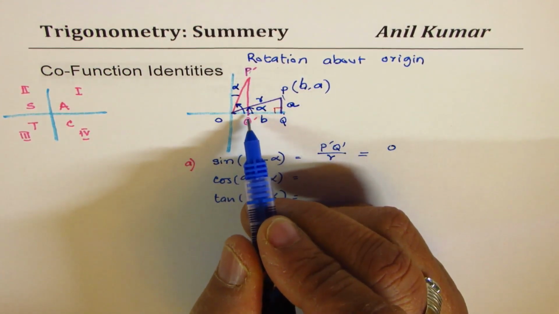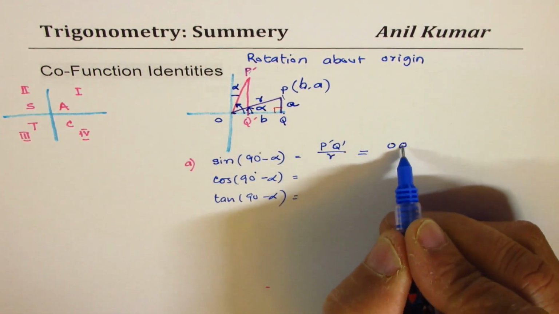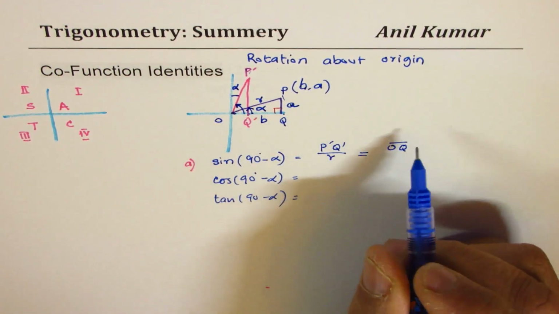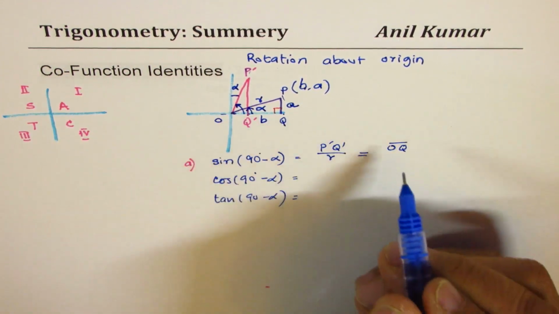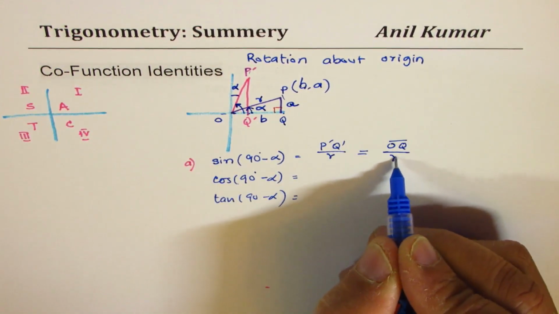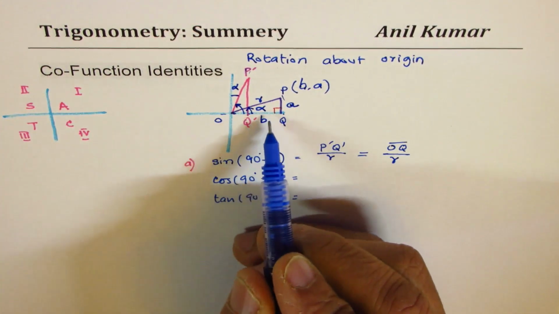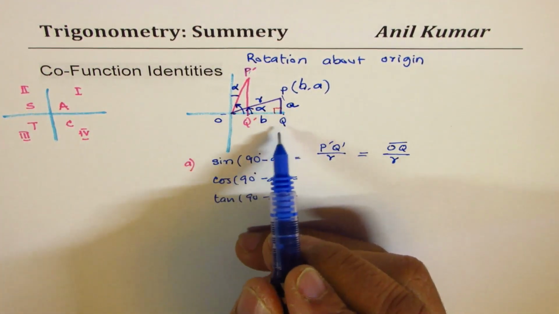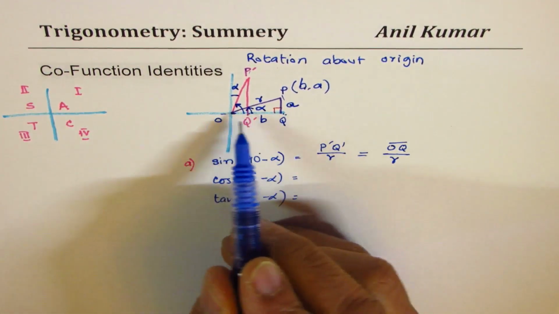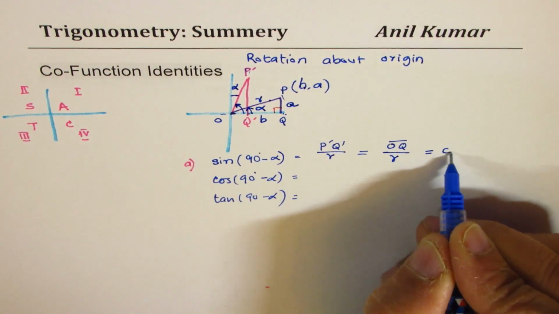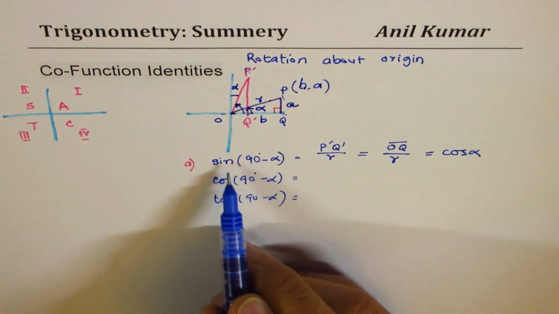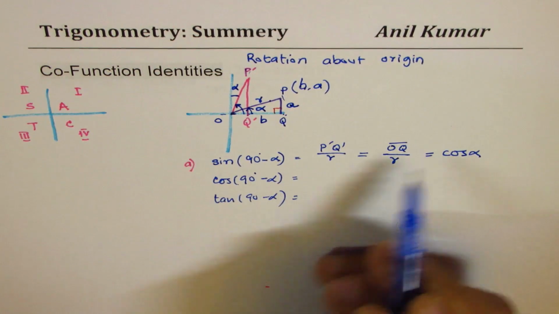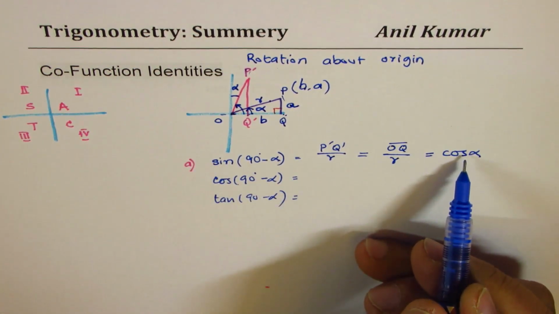So P dash Q dash is OQ over R. If you check with the original triangle, OQ over R is equal to cos alpha. So sine 90 minus alpha is cos alpha. Sine changes to cos. Do you get the idea?